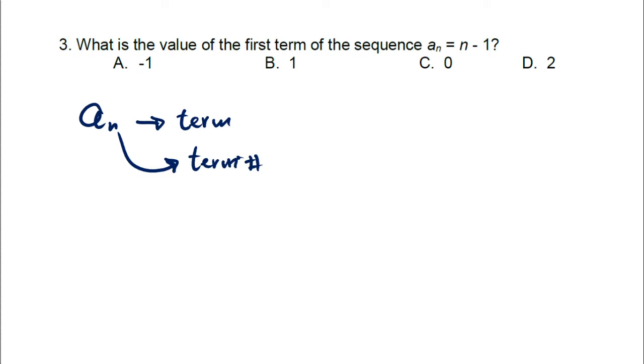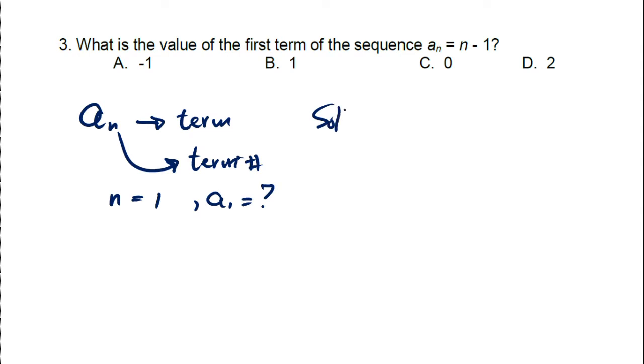We are looking for the first term, meaning the value of n is equal to 1, and we're looking for the value of a sub 1. We're going to substitute the value of n, which is 1.